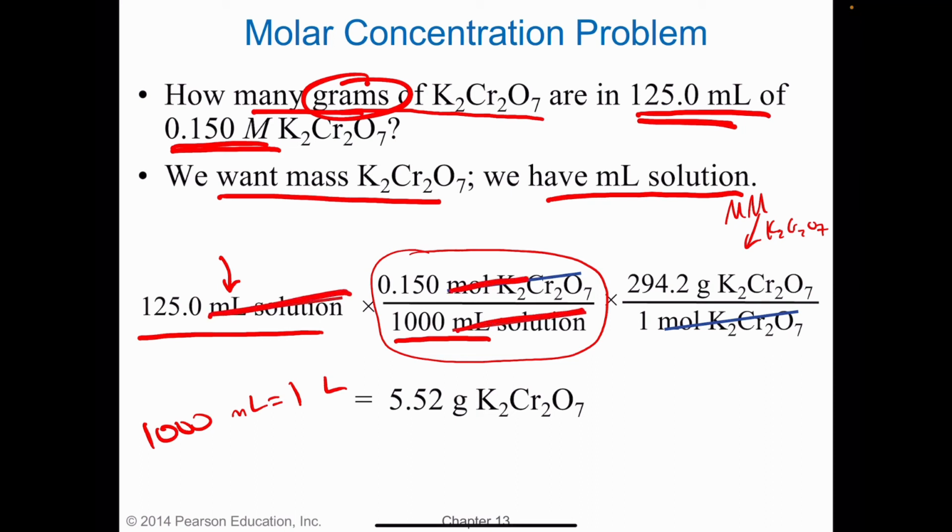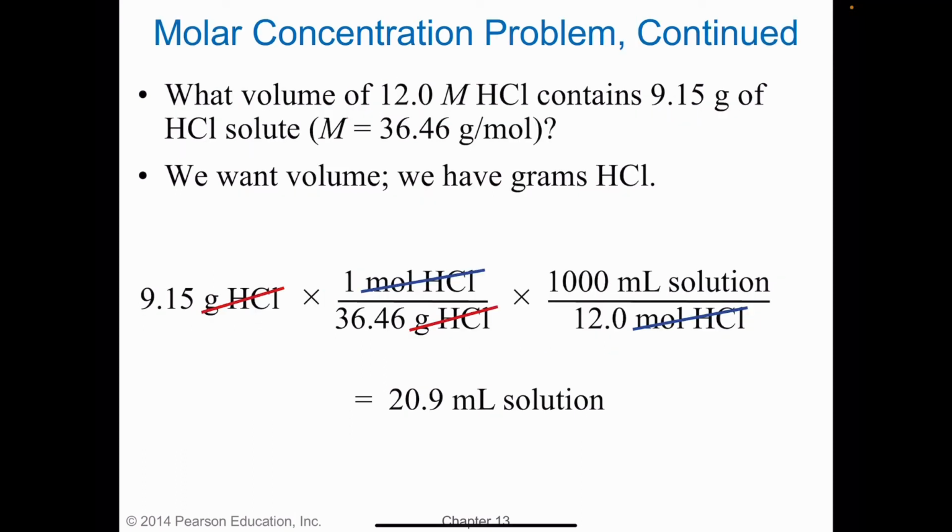Moles of K2Cr2O7 cancel with moles here from the molar mass. And then we end up with units that are grams of K2Cr2O7. And we should get 5.52.